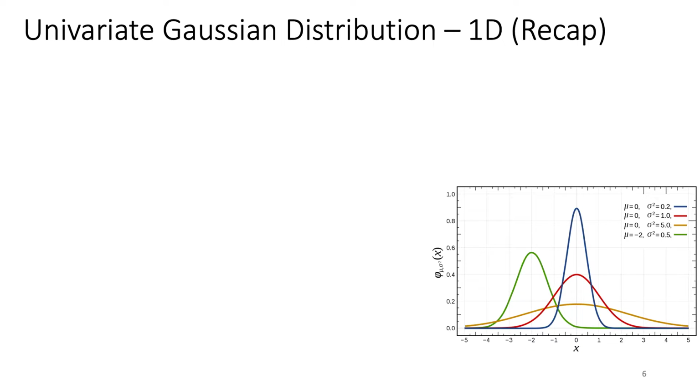A Gaussian distribution, or sometimes we call it normal distribution, in one-dimensional space, in 1D, these are some examples. You have 4 different distributions. Each of them has its own mu and sigma square, right? Mu is the mean, and sigma square is the variance.